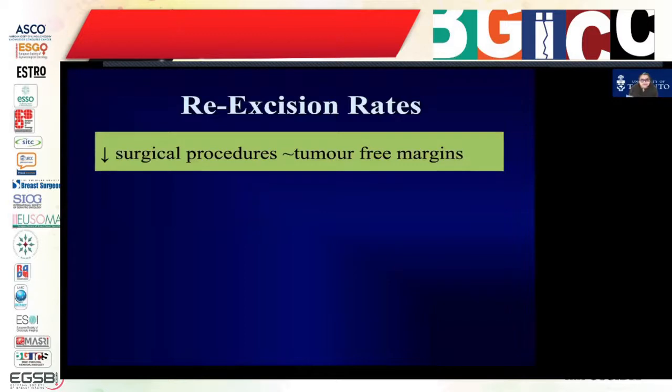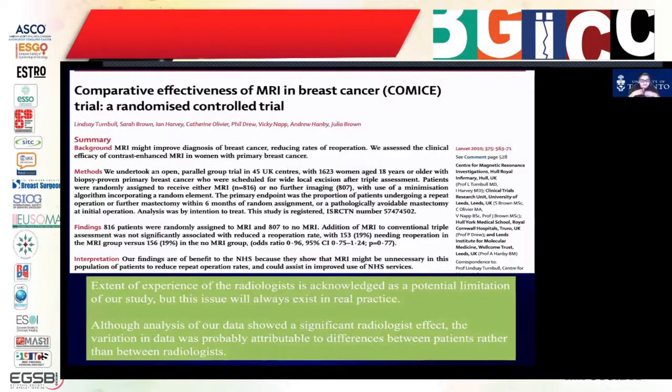So what about re-excision? Is using MRI leading to lower re-excision rates, less incidence of getting tumor at margins? Does MRI help with that? And this is the most commonly quoted trial, the COMICE trial, which had a lot of problems with it, but nevertheless, it is quoted, and they showed that MRI is not necessary in these patients.